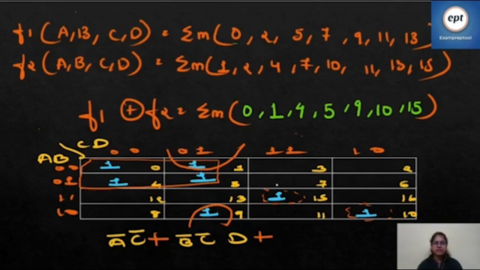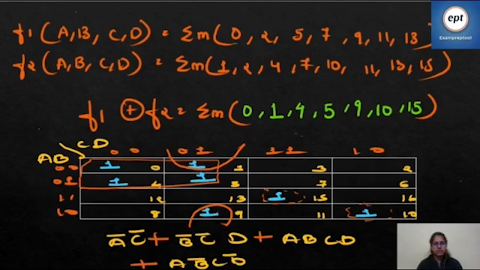So here, a 1 element group will be A B C D, and the other one will be A B bar C D bar. So this is the minimal expression which we have taken out.